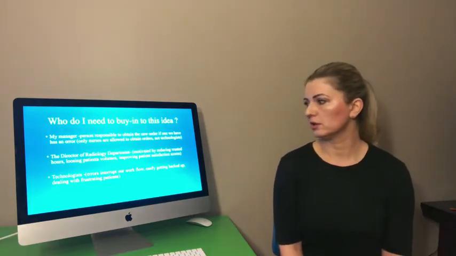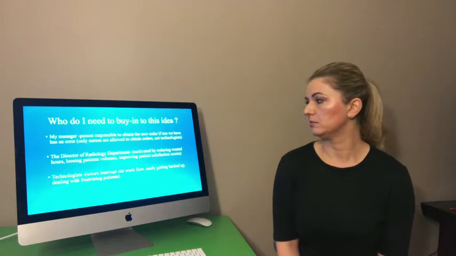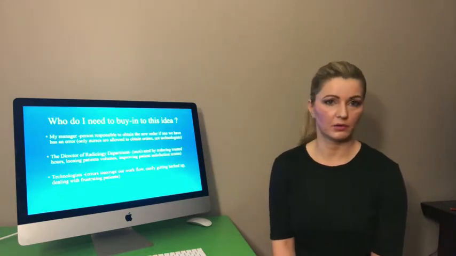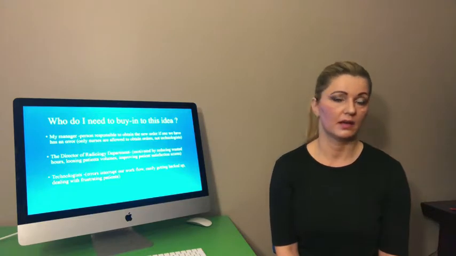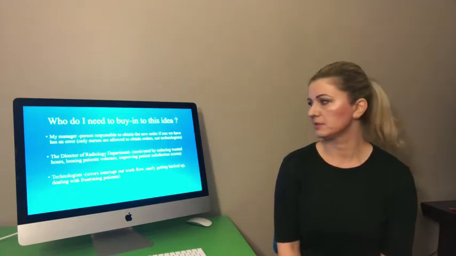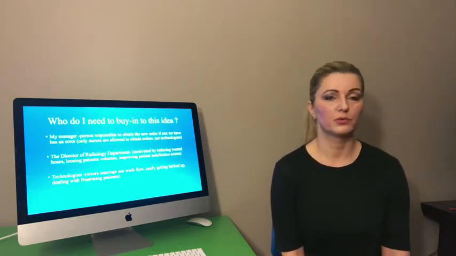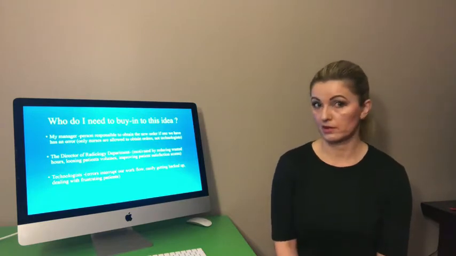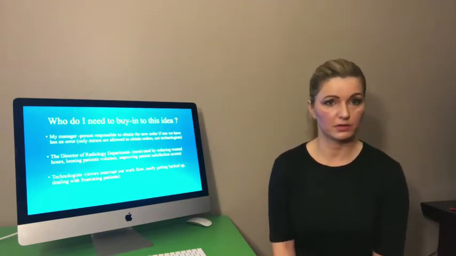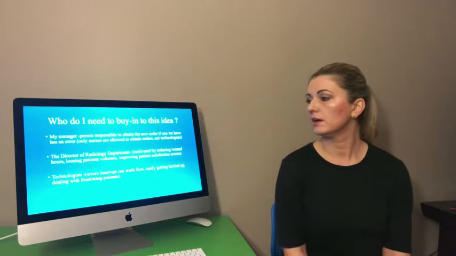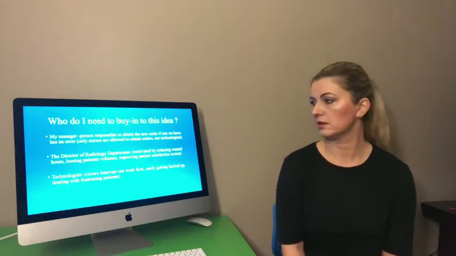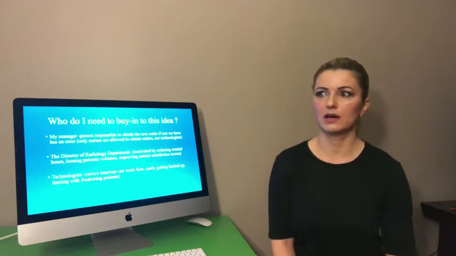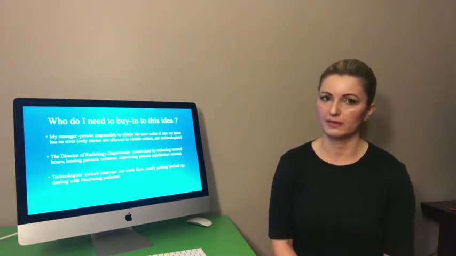Of course, the director of radiology is motivated by reducing the wasted hours that we spend correcting these errors instead of delivering patient care and doing exams. And this is going to improve patient satisfaction scores because we're going to have fewer mad and frustrated patients. Technologists are also going to be interested, because as a technologist, I know how much frustration this causes on my end.